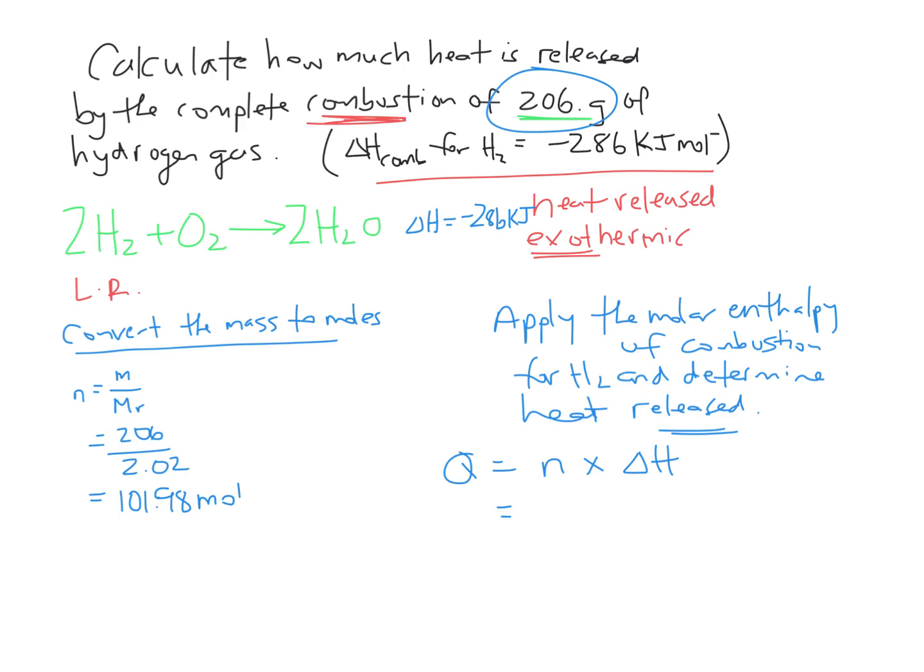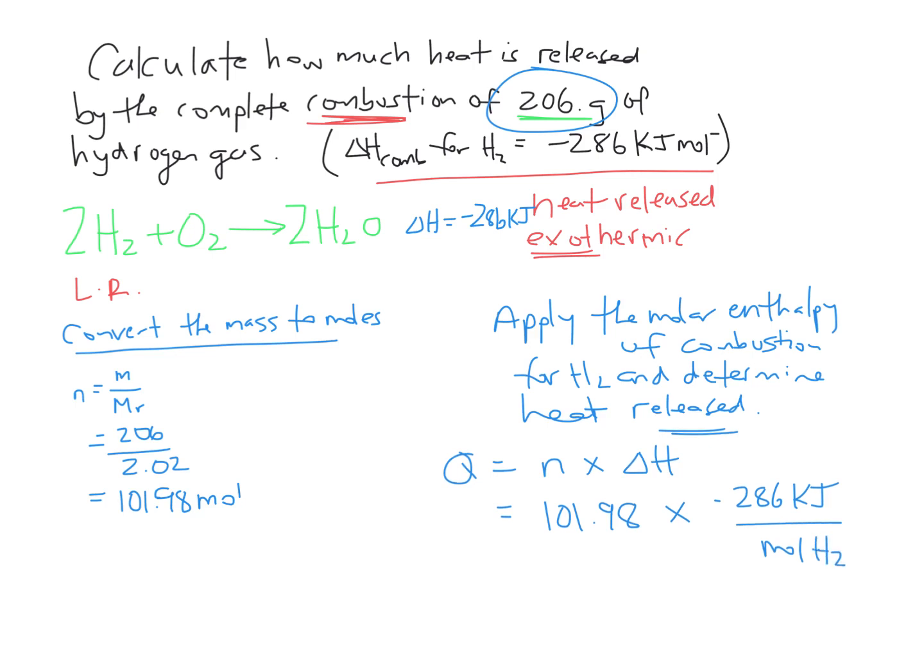So we're going to take 101.98 or whatever. If you kept the big dirty number in your calculator, just use that. And we're going to multiply that by negative 286 kilojoules released per mole. That's per mole of hydrogen gas.